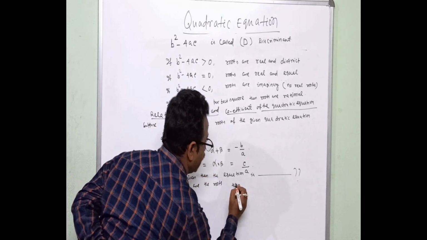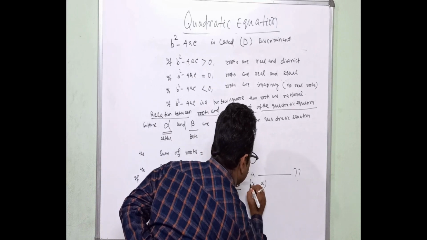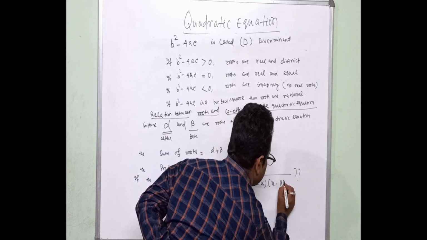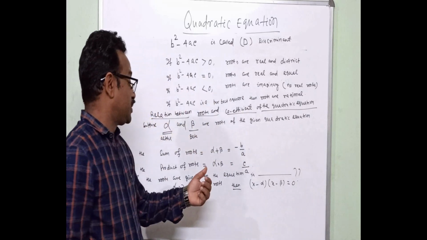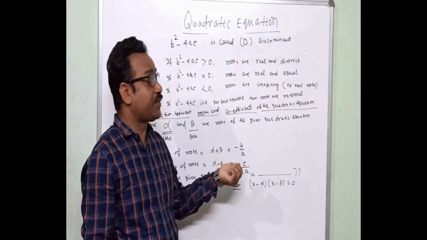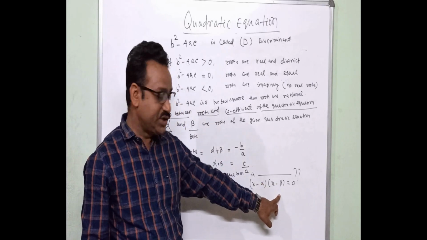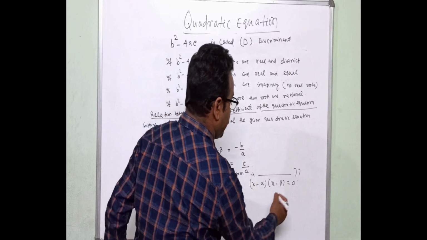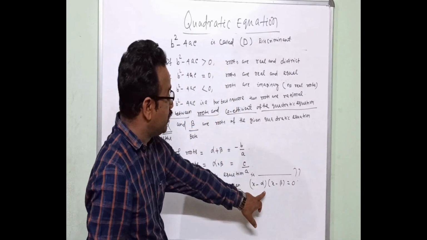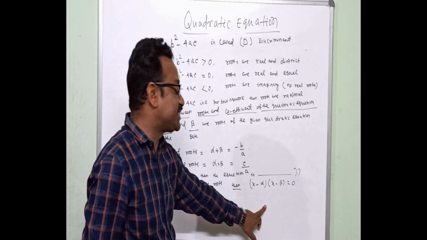Then we can write x minus alpha into x minus beta is equal to 0. So x is the variable. The equation is of variable x. Then x minus alpha and x minus beta is equal to 0. Here, by solving, we will reach the form of ax square plus bx plus c.